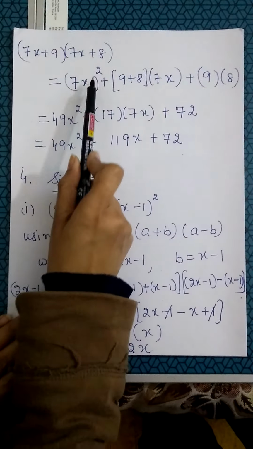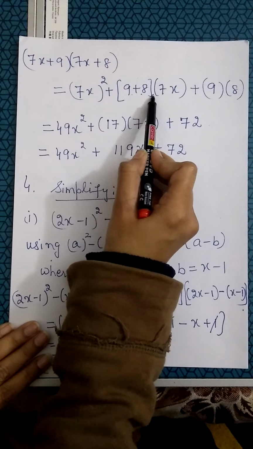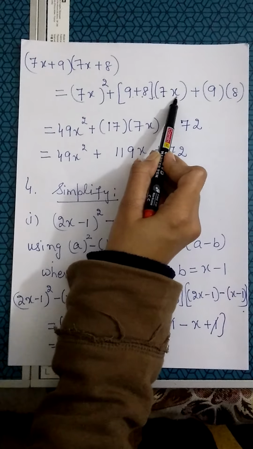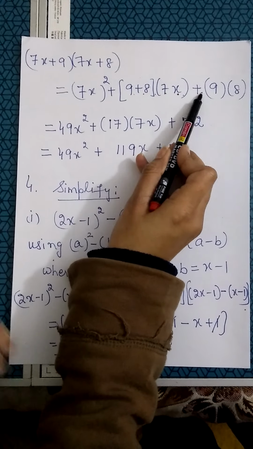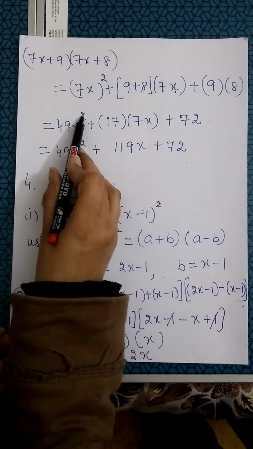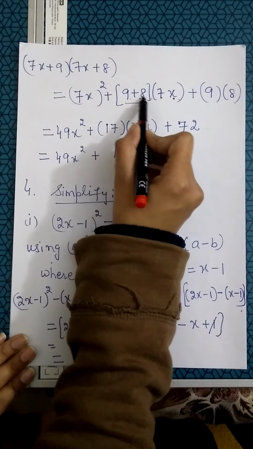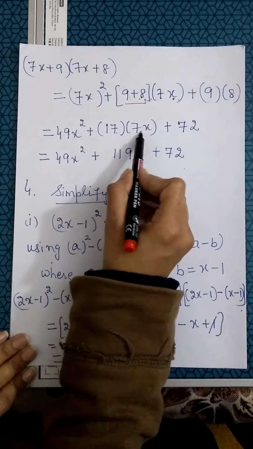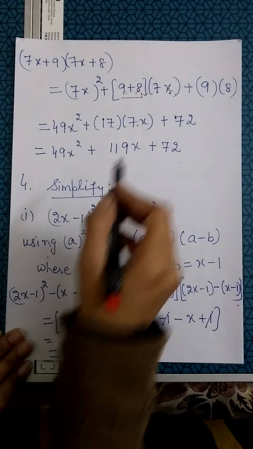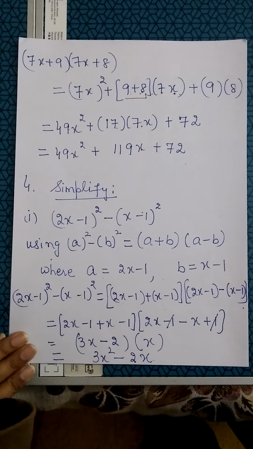That is (7x) whole square plus (9 plus 8) outside the bracket, into 7x because it will be multiplied, plus 9 into 8. I will get 49x square plus 17. According to BODMAS, we will be adding this first and then multiplying with 7x. So I will get 119x plus 72.